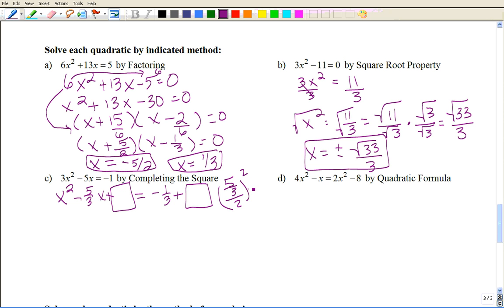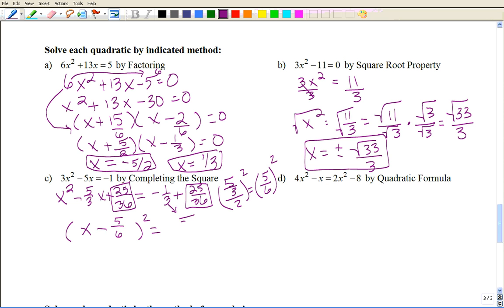So 5/3 divided by 2 is 5 over 6, so I'll square that and I'll get 25 over 36. So I'm going to add that to both sides. Now the left-hand side is a perfect square trinomial, so that factors into x minus, remember it's always half of that middle term, so minus 5 over 6 equals, so I need to add this right side together, but I need a common denominator, so I'm going to move this one to a denominator of 36.